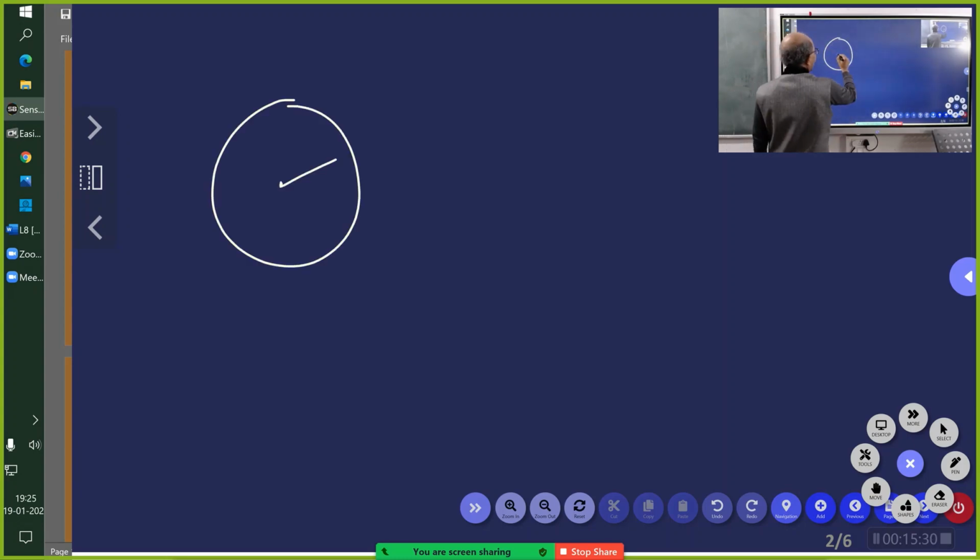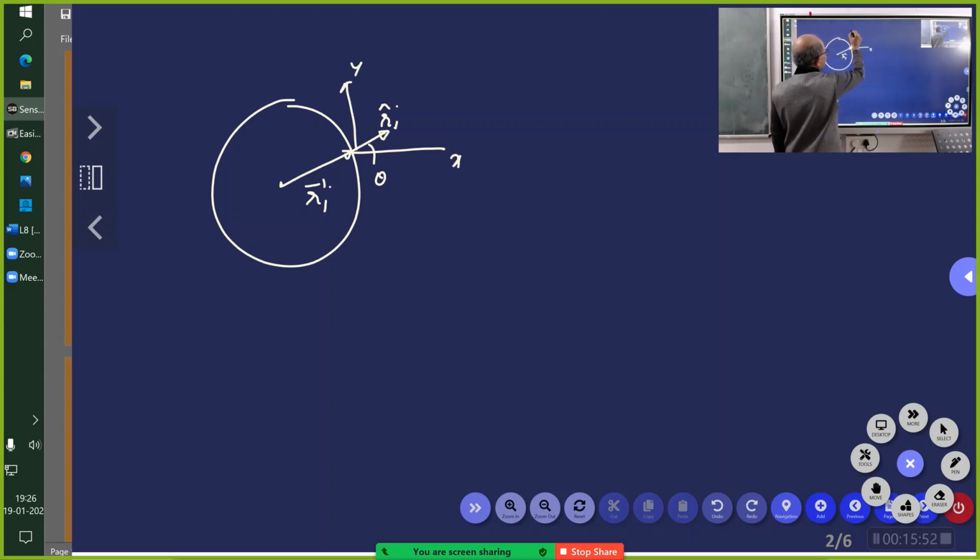Remember this one? You should take this one as R1 bar. If you take this as R1 bar, you will create a unit vector here, R1 cap, remember? And then you created a theta here. This is the x-axis and this is the y-axis. You remember that?